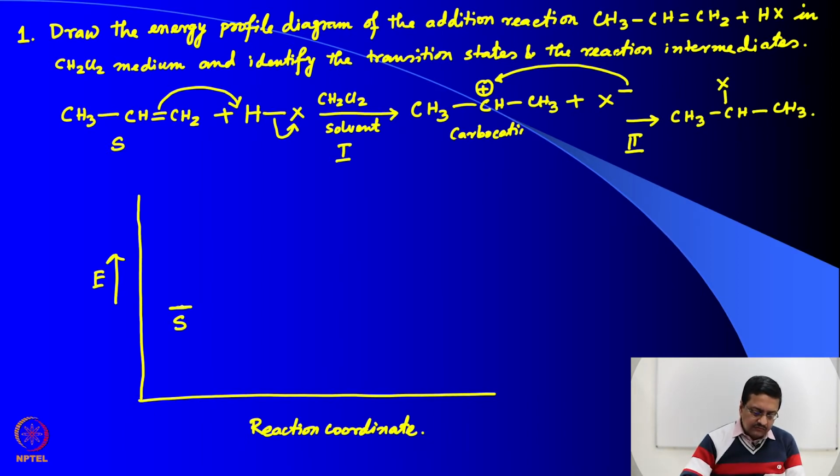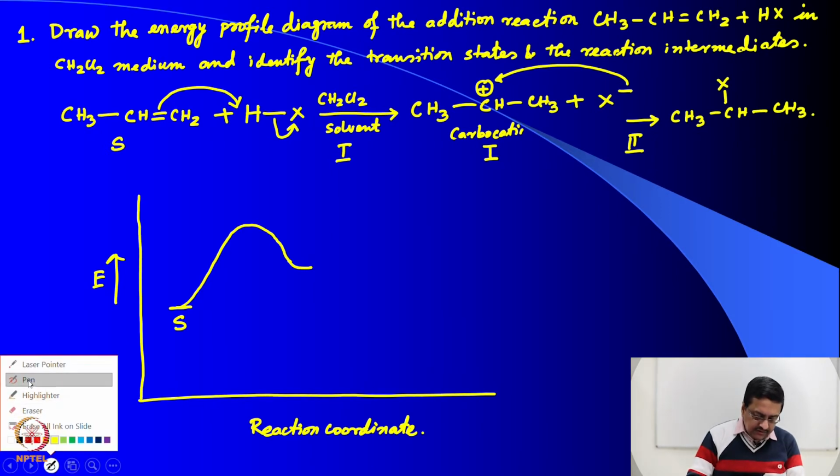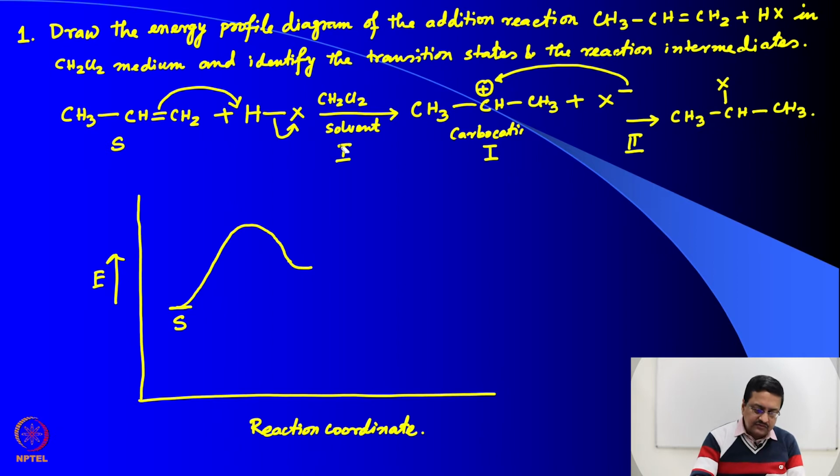Now let us assume that this is the position where we have our starting material or the substrate S. It goes through an activation process and forms the reaction intermediate, which is the carbocation. I write it as I. We should identify the compounds and the steps as 1 and 2 instead of Roman numerals.